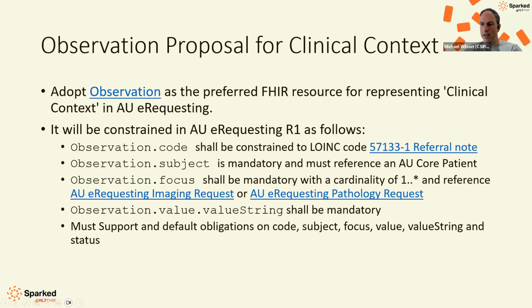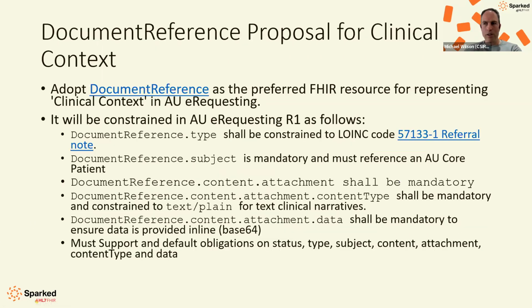To have a look at if we were using document reference, this might be what we do, where we constrain the type to be a referral note. We'd make the subject mandatory, and it would be the AU core patient. So now this is where we get into the fact that this is a generic document reference that can reference any type of document.